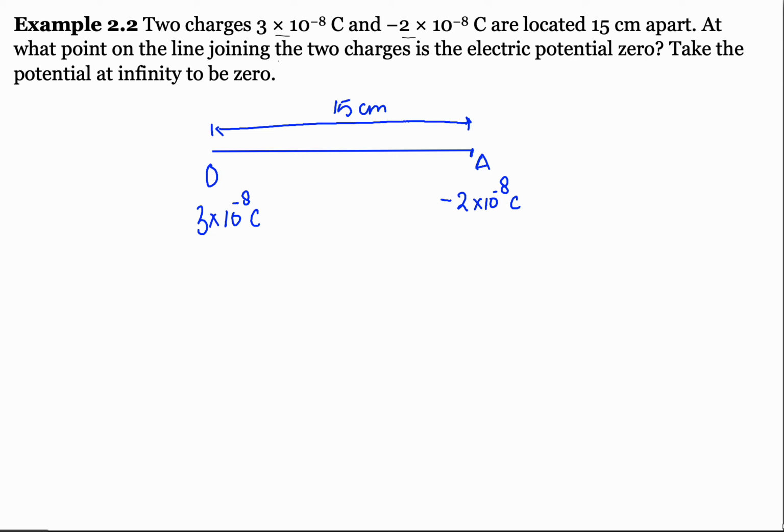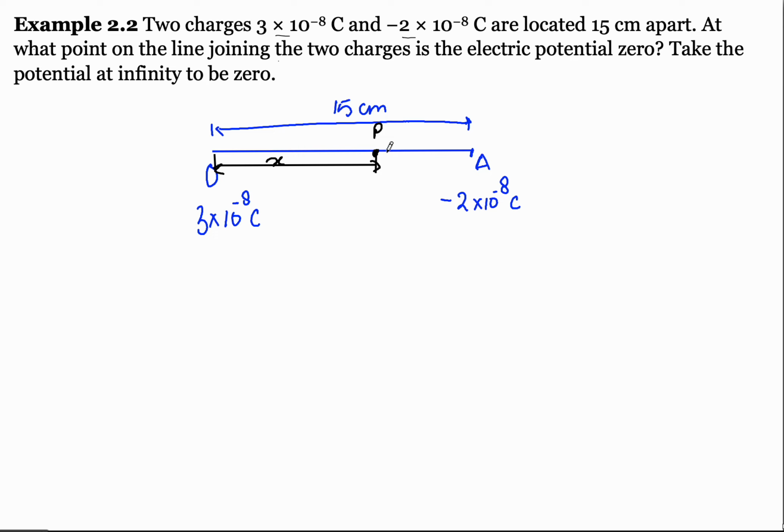So first of all, let's say that the electric potential is 0 at this point, and let's name this point as P. Now if I'm saying that the electric potential is 0 at a point on the line joining O and A, and the name of that point is P. Now the whole distance OA is 15 centimeter, so I can take the distance from O to P as X. Let's assume that this distance is X centimeters.